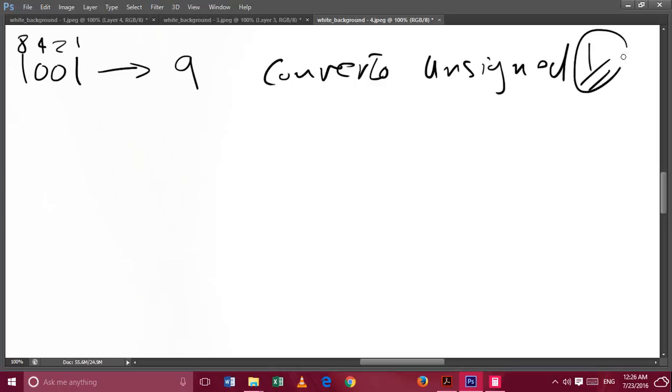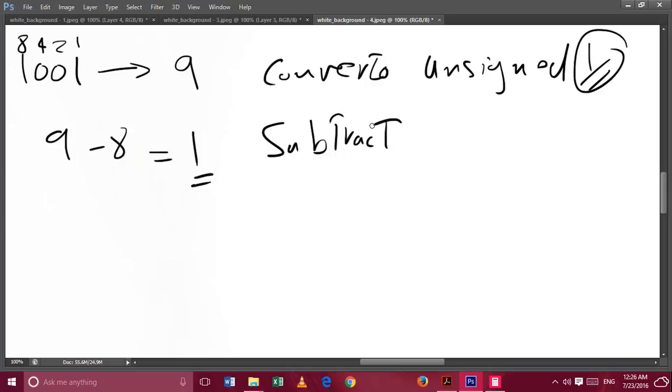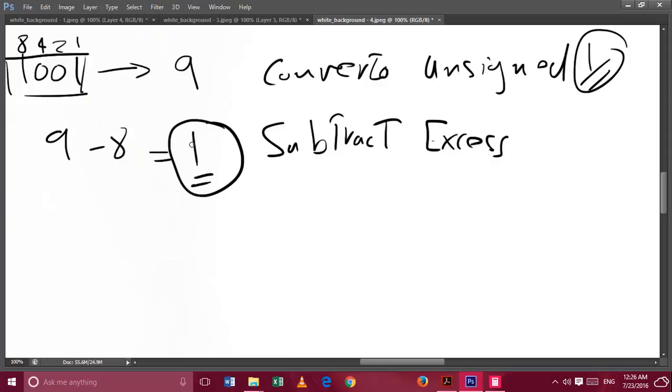Second step, subtract excess. So 9 minus 8 equals 1. That's it. So this number here in excess 8 notation is +1. Okay.